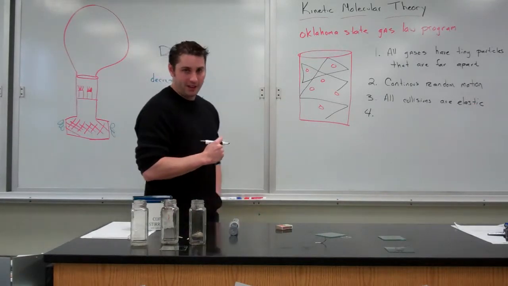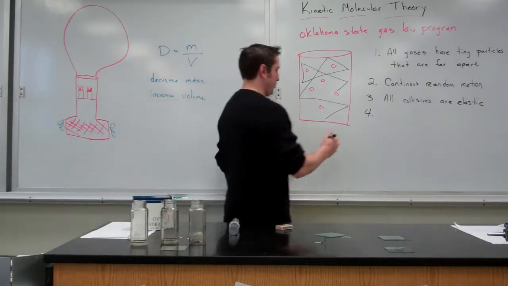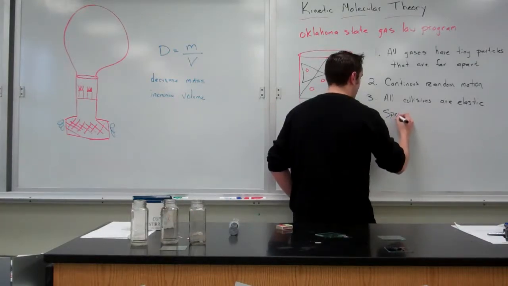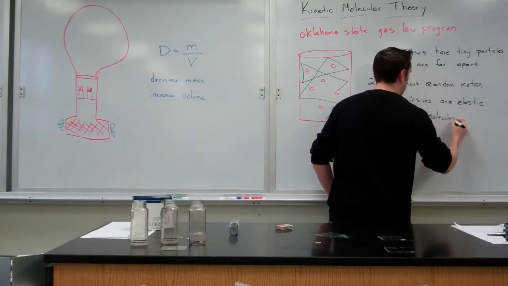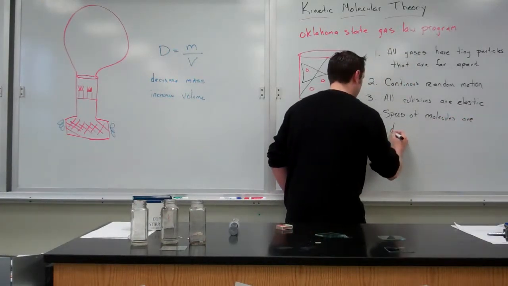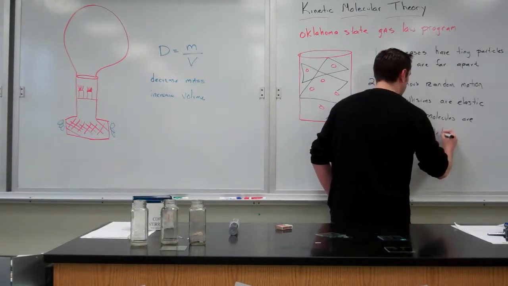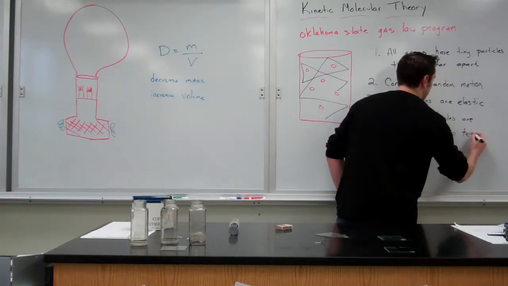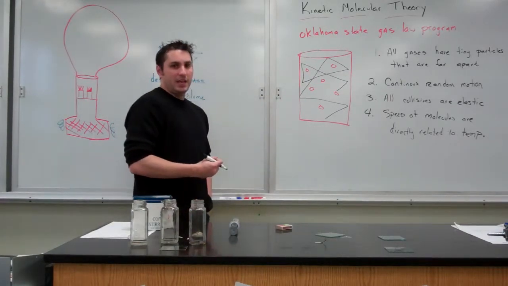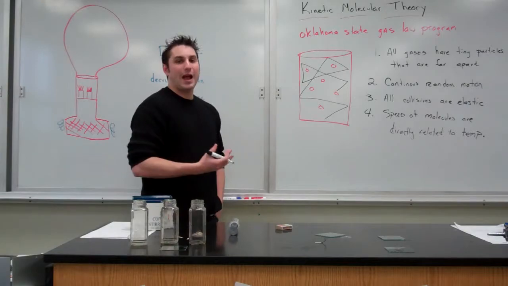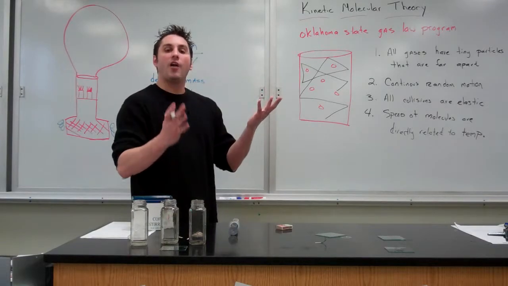Fourth assumption of kinetic theory is that the speed of these molecules depends upon the temperature. Temperature and speed are related directly, which means in math class, they are directly proportional: as one goes up, the other goes up.